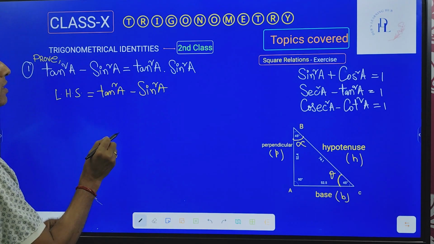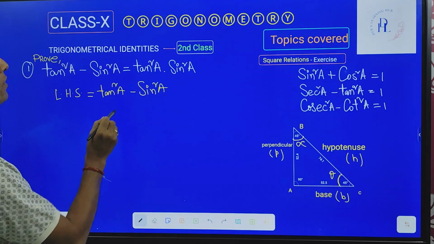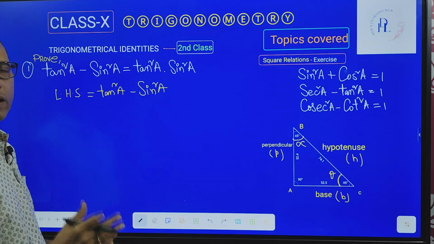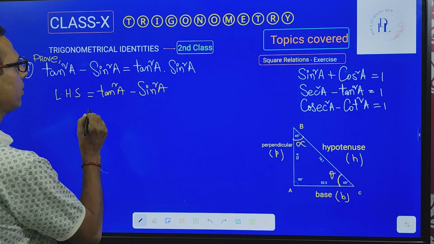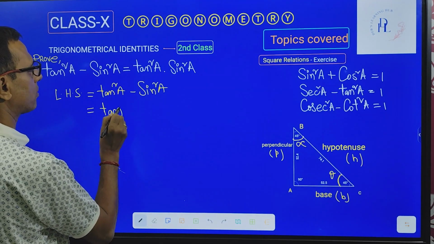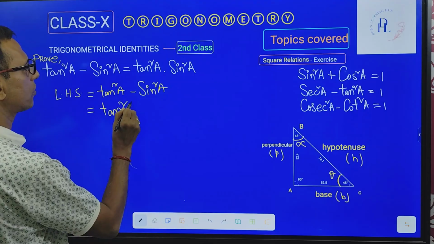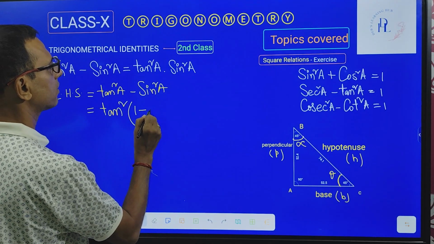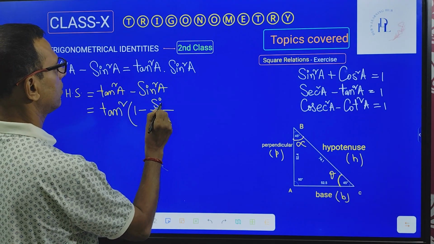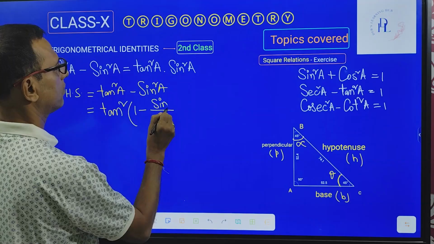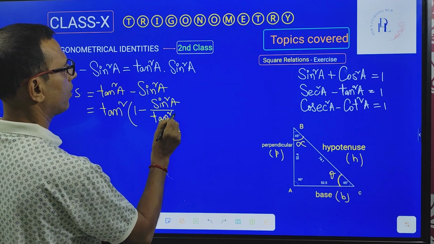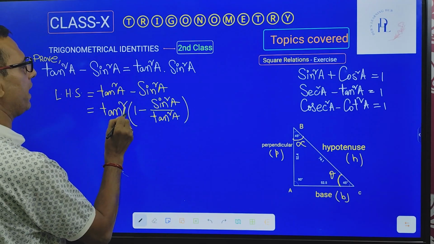You need to express this tan square A minus sin square A as the product of two factors, right? So if you take common tan square A, you get tan square A into 1 minus sin square A by tan square A. So you are taking common tan square A, right?